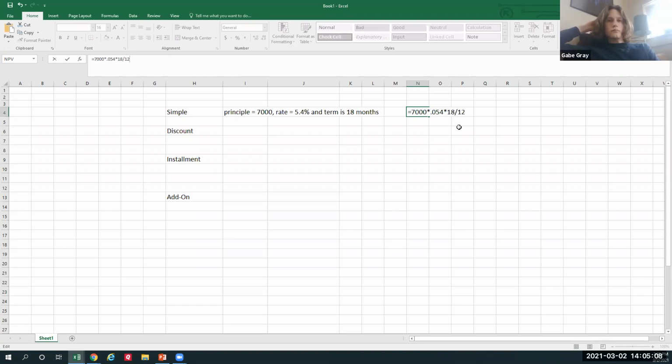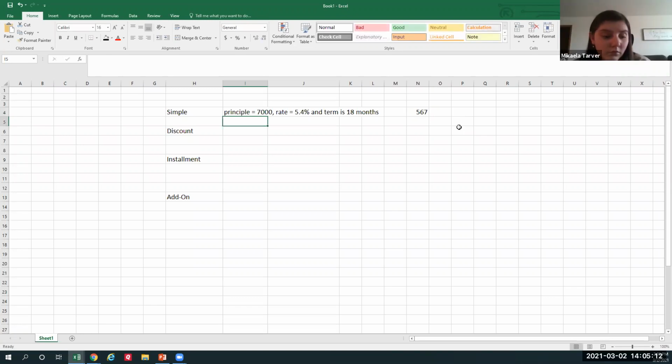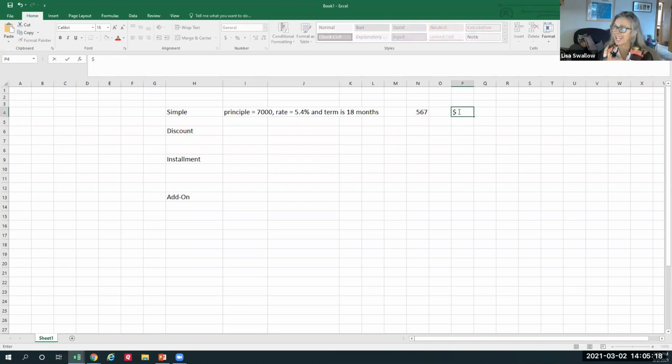In a simple loan, there is no compounding. There are no payments for 18 months. So, Asher, how much am I repaying when I pay back this loan? Don't you do, like 567 divided by 7,000 and it's 8.1%?